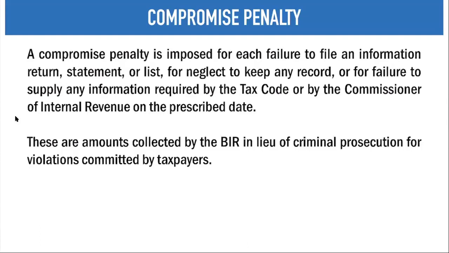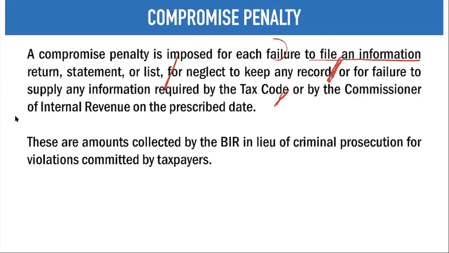So what are the three instances wherein there is a compromise penalty? First, we have your failure to file any information, return, or statement. Another, we have your neglect to keep any record. And lastly, your failure to supply information required by the tax code or by the Commissioner of Internal Revenue.